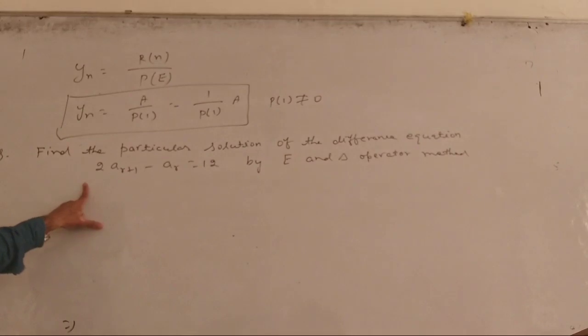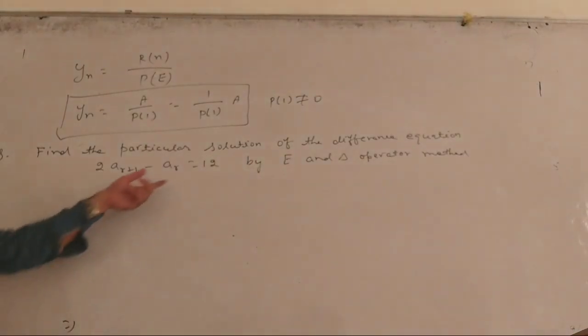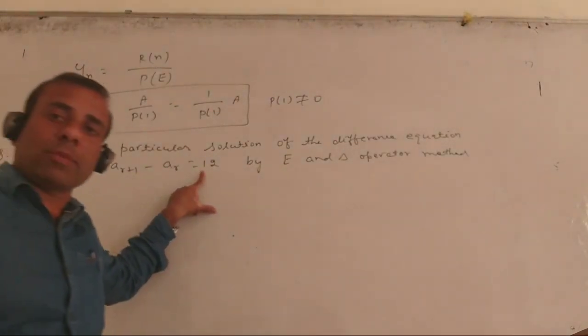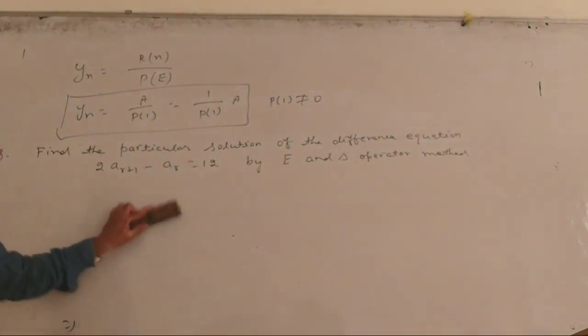From the question it is clear that it is a non-homogeneous linear difference equation, because the right part is not equal to 0. So we will solve this.